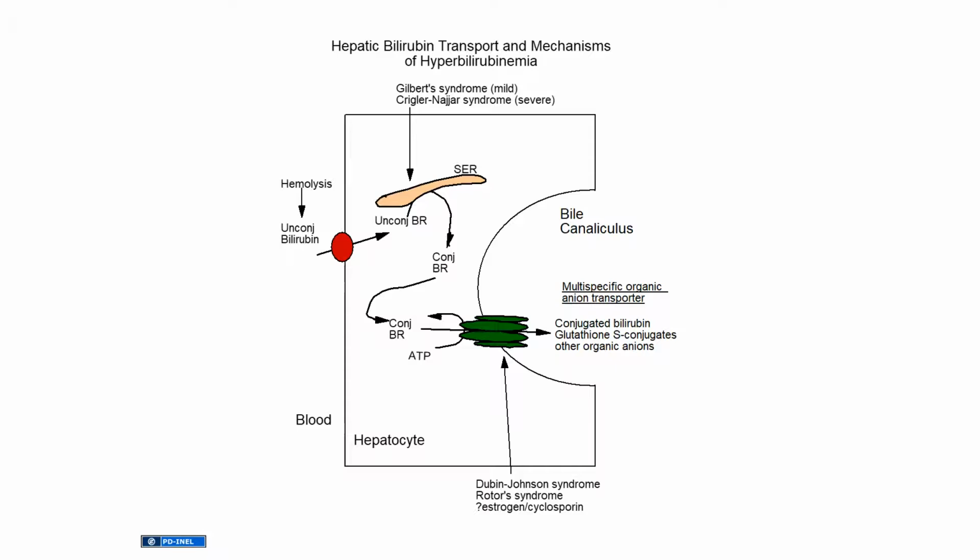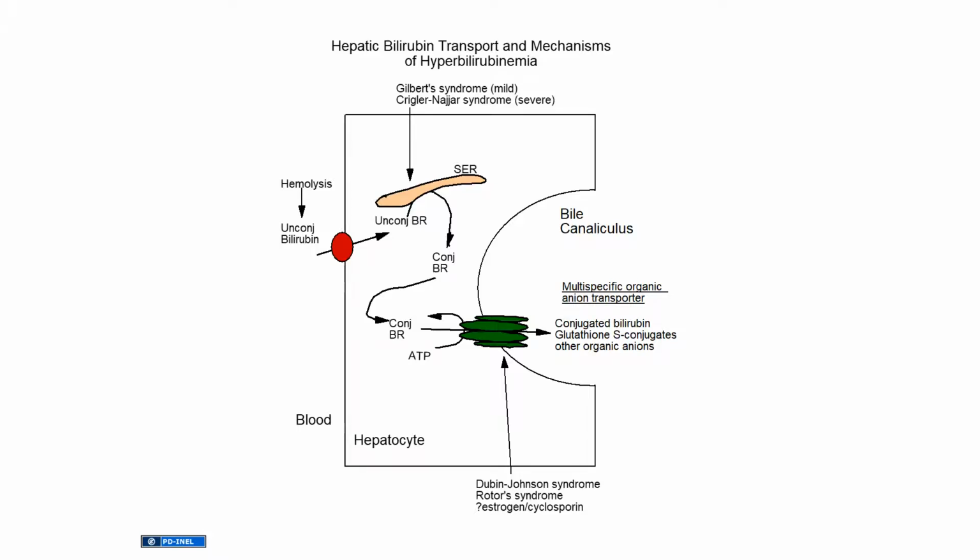Conditions like your Gilbert syndrome, this is a mild disease, can affect, no, the conjugation process of your bilirubin inside the hepatocyte, because it depresses or makes the activity of your UDP glucuronosyltransferase less.